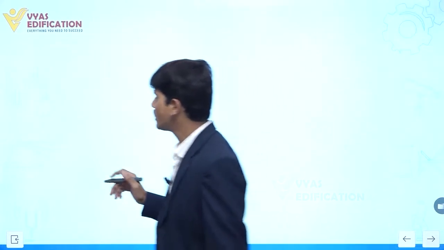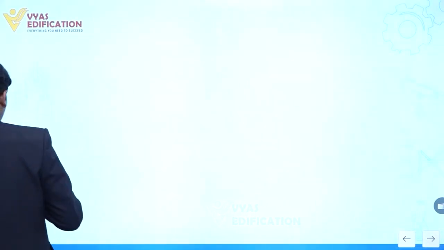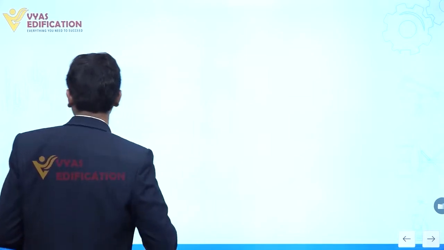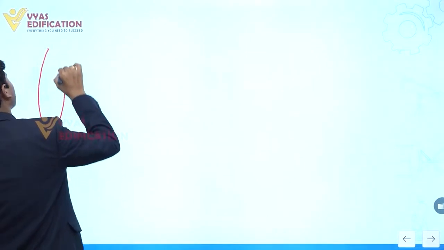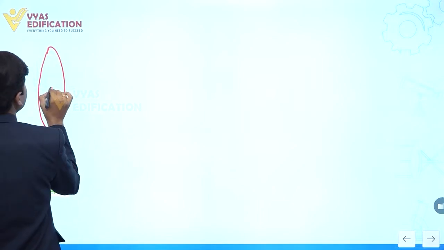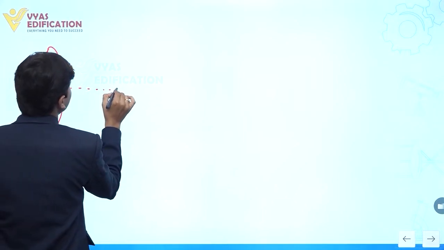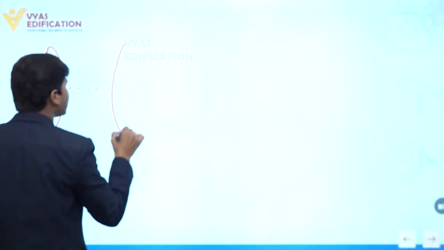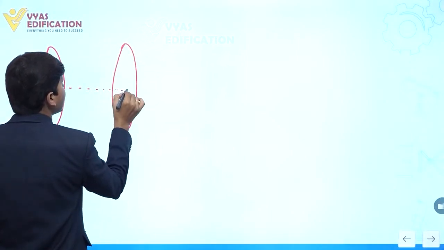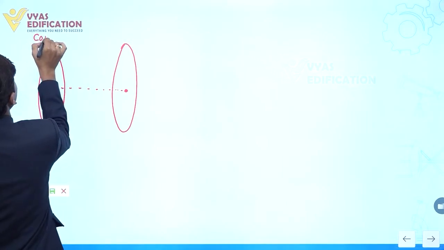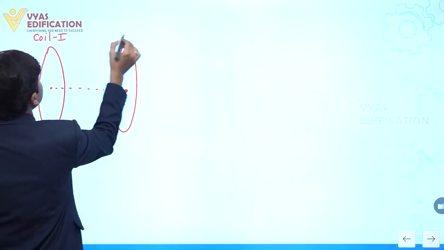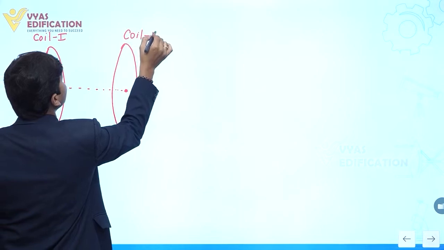So concentrate on the screen. Actually this arrangement is known as Helmholtz coils. Let's suppose this is coil number 1, and from the center we have one more coil like this, coil number 2.